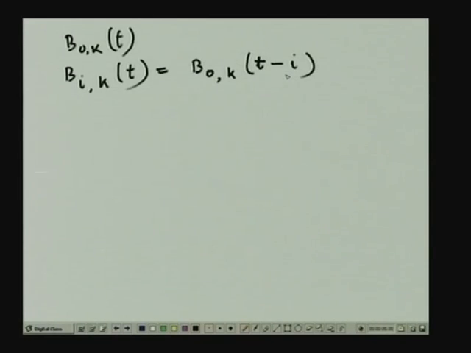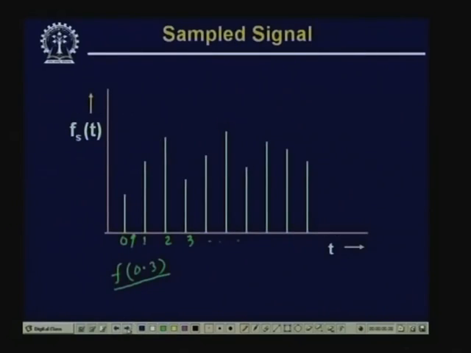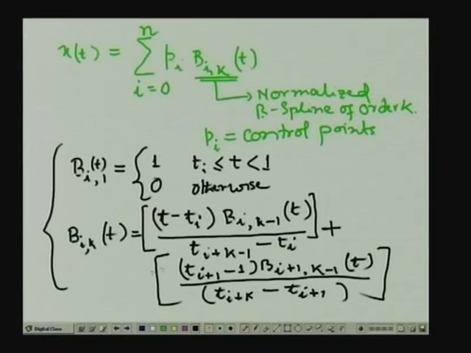Now, this B-spline function for various values of I and k can be obtained like this. You can easily get that b 0 1 t will be equal to 1 whenever 0 is less than or equal to t less than 1, because earlier we have said that b I 1 t is equal to 1 whenever t I is less than or equal to t less than t I plus 1, and it is 0 otherwise.